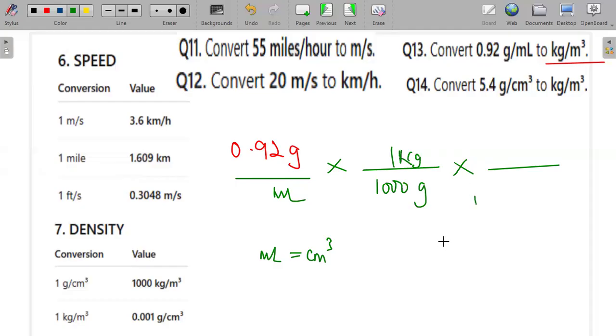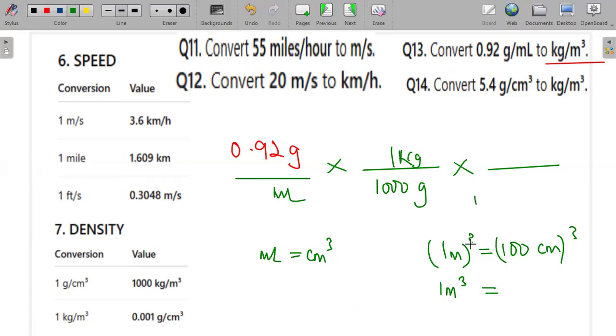So if, for example, I have 1 meter, this 1 meter is the same as 100 centimeters, right? So now if I cube this side, I also cube this side. I'm going to have 1 meter to the power 3 is the same as 100 multiplied by itself 3 times.